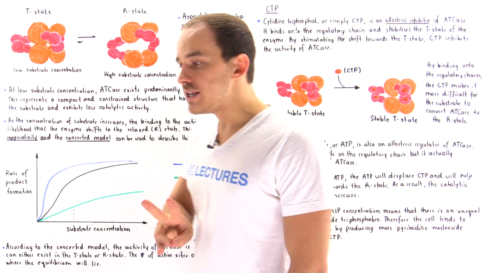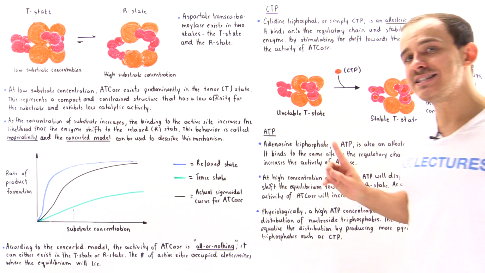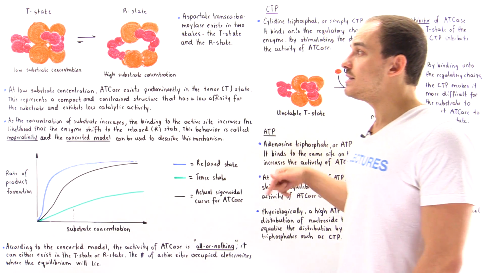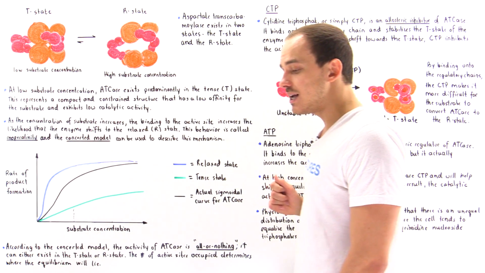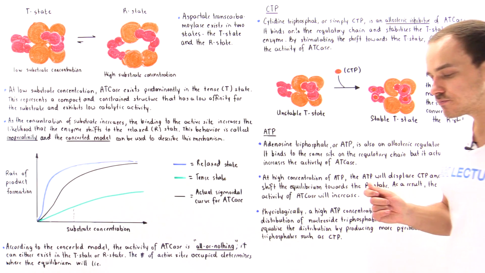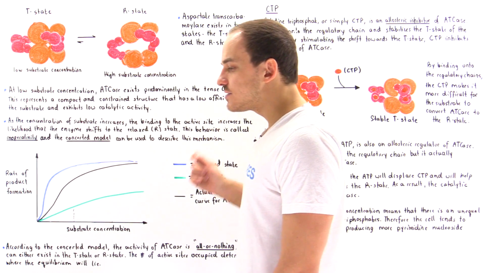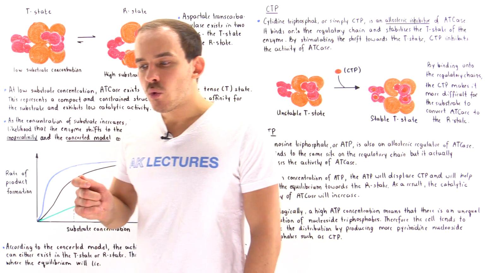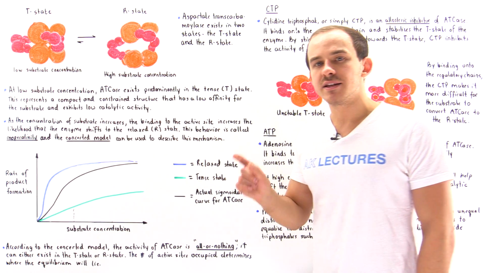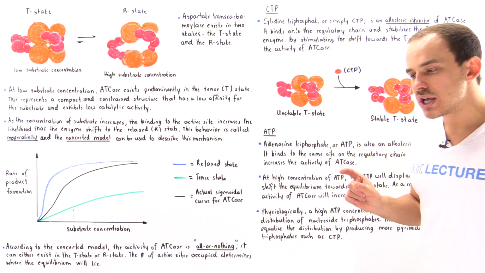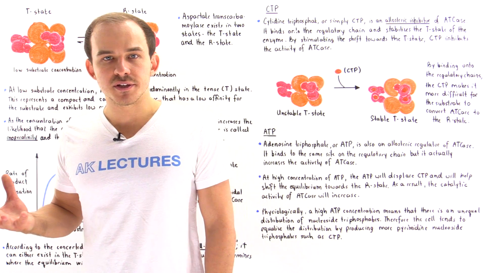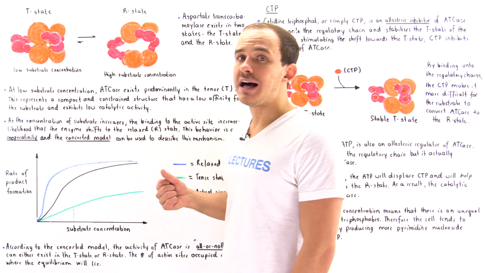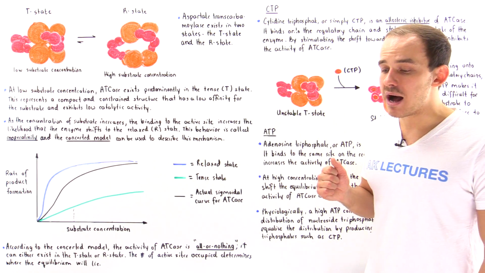Now, the second reason why a high ATP concentration basically stimulates this enzyme to carry out its process is because of the following reasoning. At a high concentration of ATP, when we have many ATP molecules inside our cells, that means we can use the ATP molecules to actually synthesize nucleoside triphosphates, so RNA and DNA molecules.